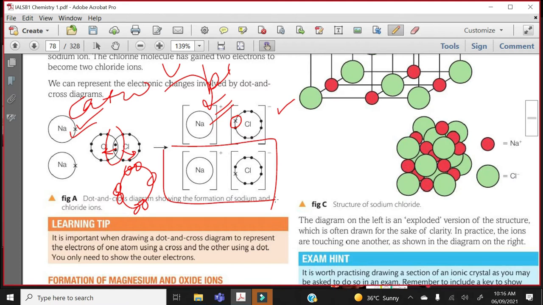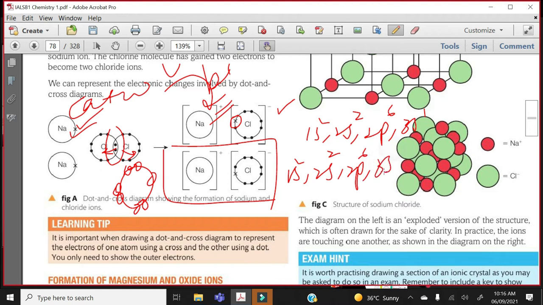Are we clear? The configuration of sodium is 1s2, 2s2, 2p6 and 3s1. The configuration of chlorine is 1s2, 2s2, 2p6, 3s2 and 3p5. Sodium will give this electron to chlorine.